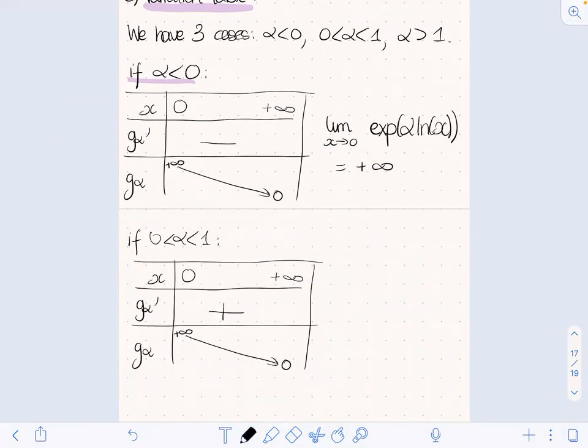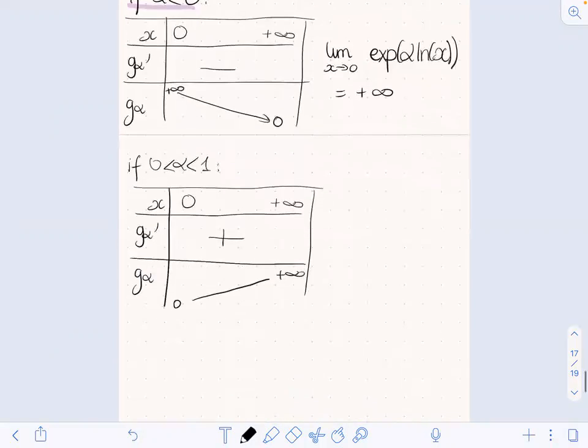But in the first case, we go to plus infinity at plus infinity. The function's equal to 0 at 0, and we increase. And one thing to note is that in this case, we computed the difference quotient at 0 above, and it's equal to plus infinity.